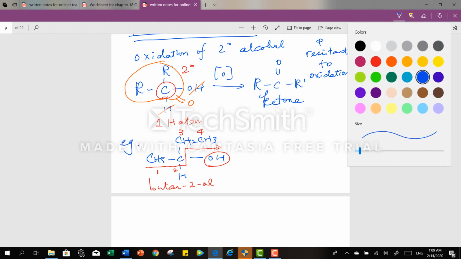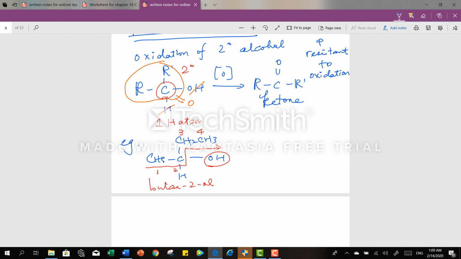When it undergoes oxidation, it will get this one, butanone. You don't have to say butan-2-one because you don't have butan-1-one. Butan-1-one would be an aldehyde; if it is position 1, it is an aldehyde. So butanone.